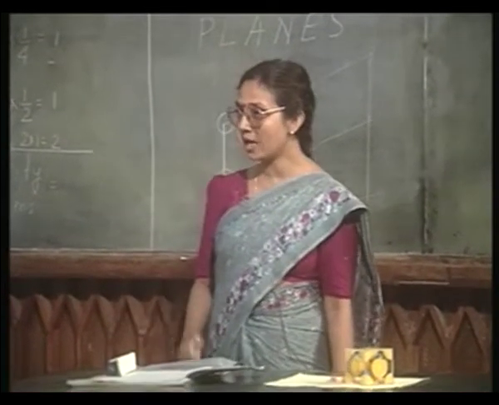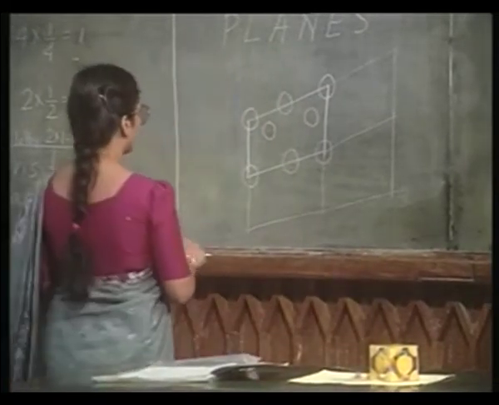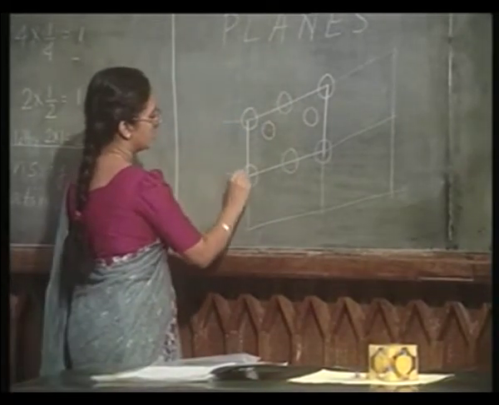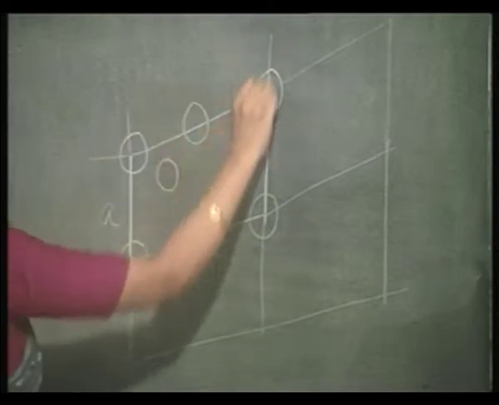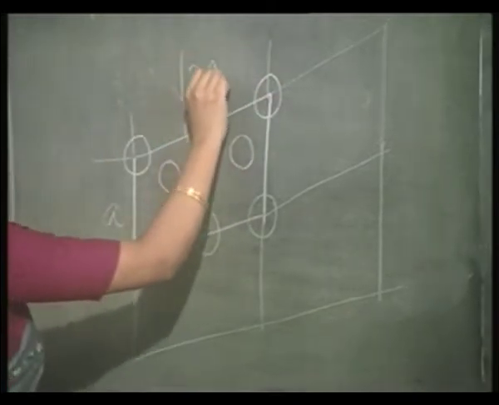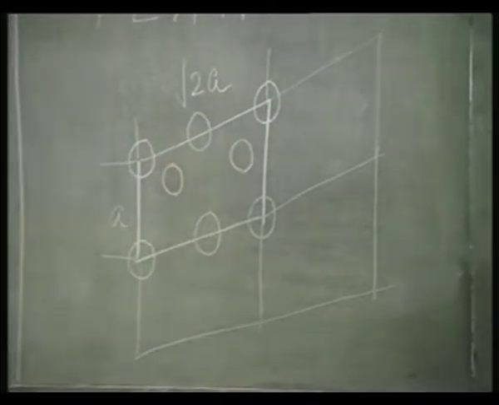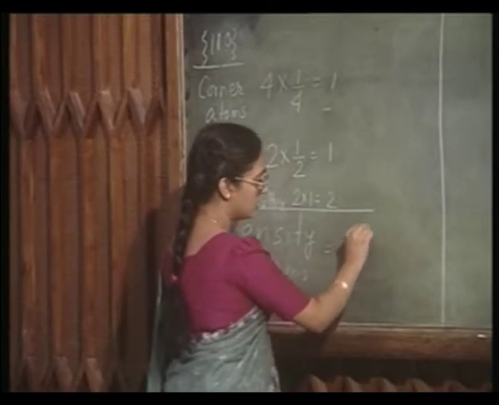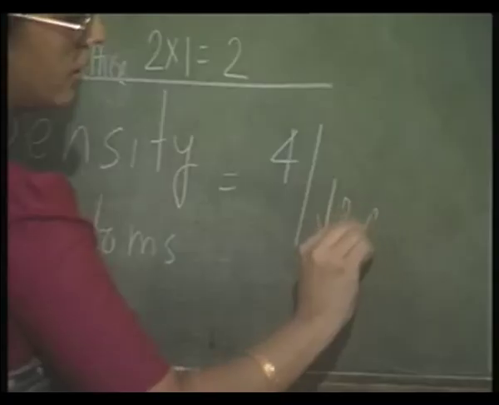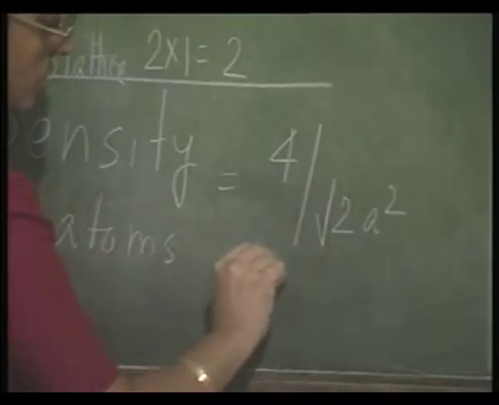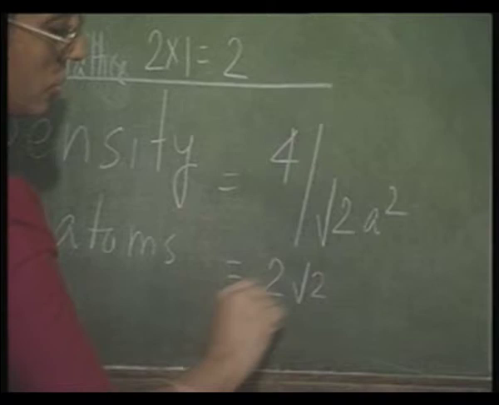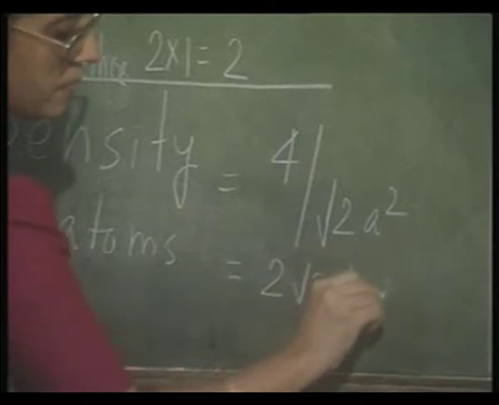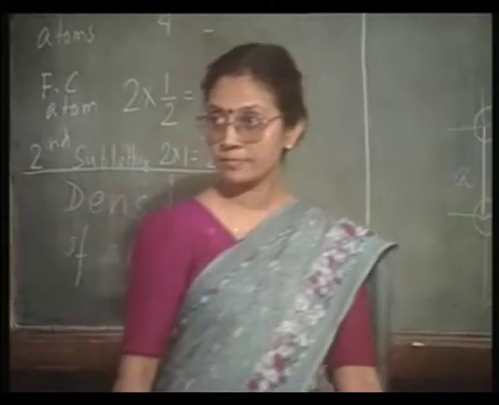And what about the area of this 110 plane? You know, this side is actually A and this is root 2A. Therefore, the area is root 2A square. Therefore, the density is going to be 4 by root 2A square, which is equal to 2 root 2 by A square. Am I correct?